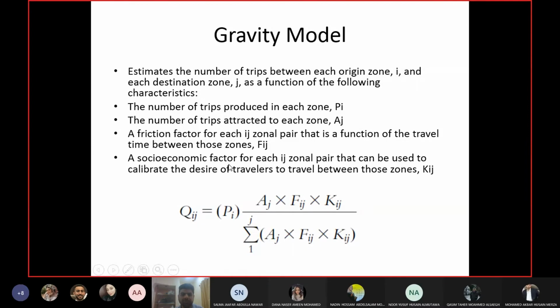Then we have a socio-economic factor between each two zones, and that is represented as Kij. This is again a calibration factor, and there are studies on how to calculate this calibration factor.